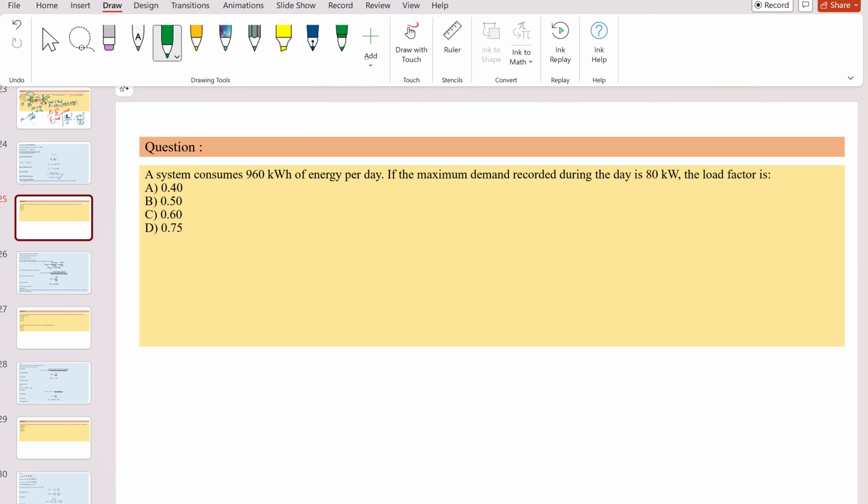I'm giving you 30 more seconds to solve. I request others also to solve, because that will make your concept very clear. Okay, 10 more seconds.